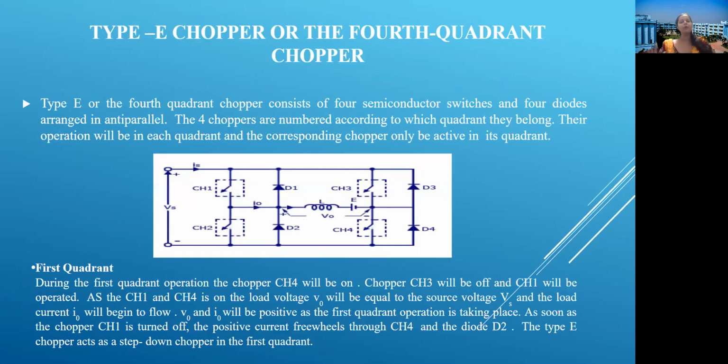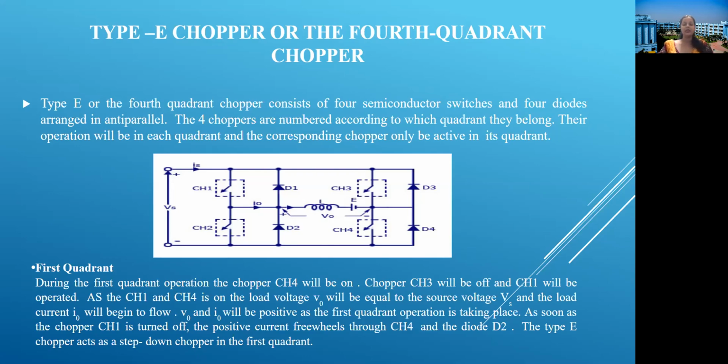And this whole combination of single quadrant operation and second quadrant operation can be incorporated in fourth quadrant operation. First thing you must remember: since it's a fourth quadrant operation, you must have four switches, that is four chopper switches along with four diodes connected in anti-parallel with the choppers.